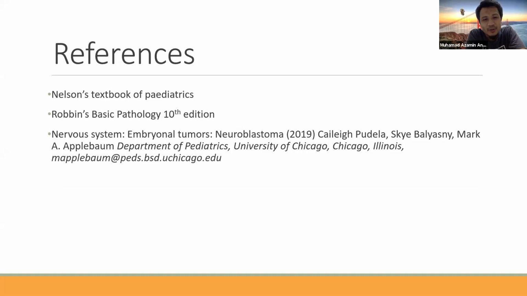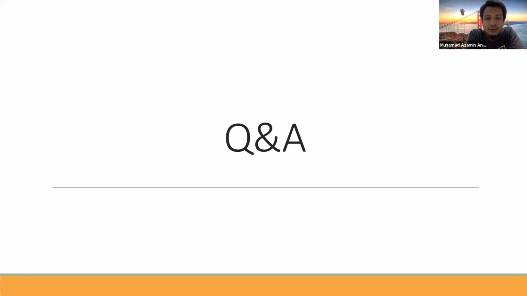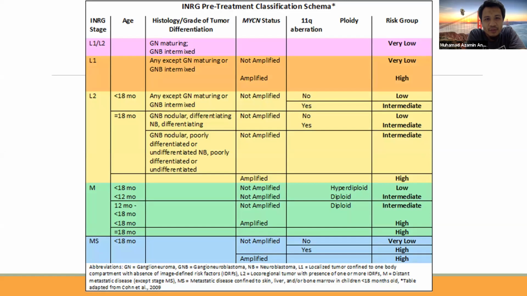So it's neuroblastoma. The classification scheme just now tries to stratify which one is low risk, which one is high risk. The low risk will go to surgery first before chemotherapy, and some of them probably don't need chemotherapy, probably just surgery.